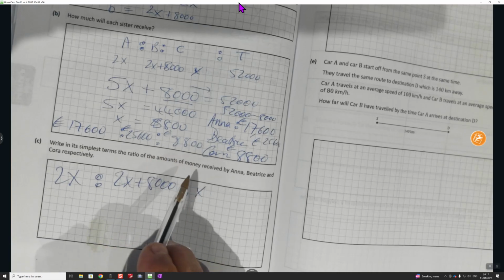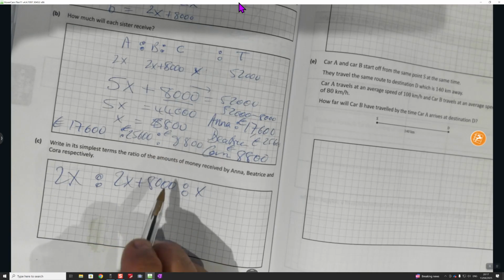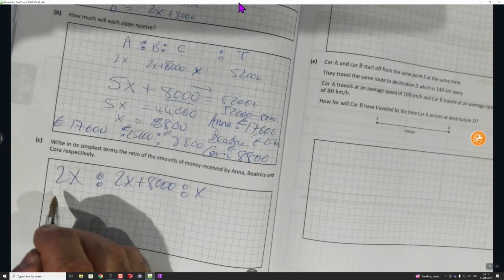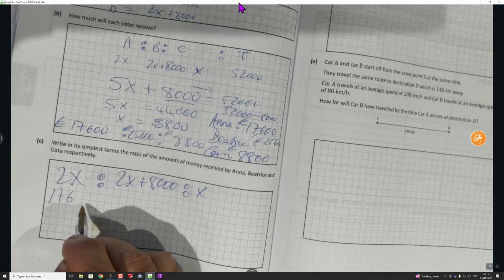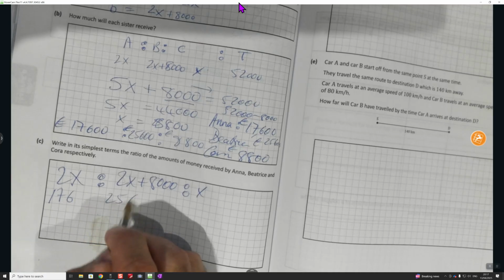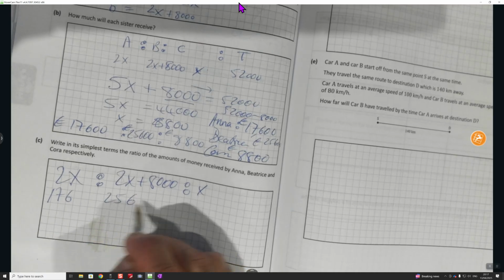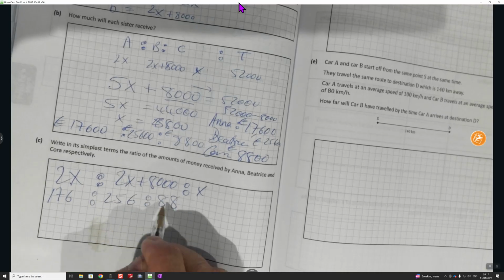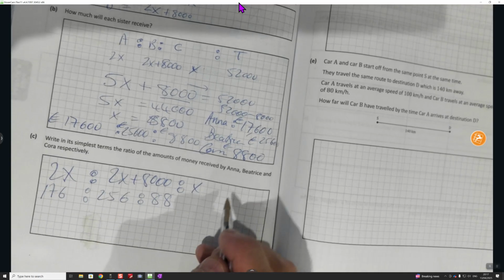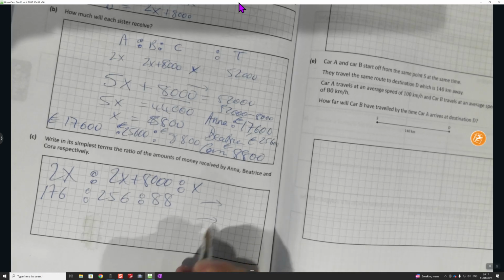I'll show you what I'll do now. I'm going to cancel out the two noughts first and go with 176, 256 and 88.